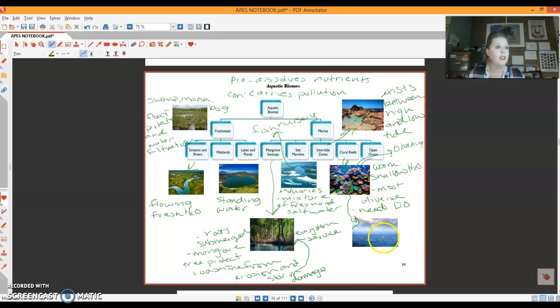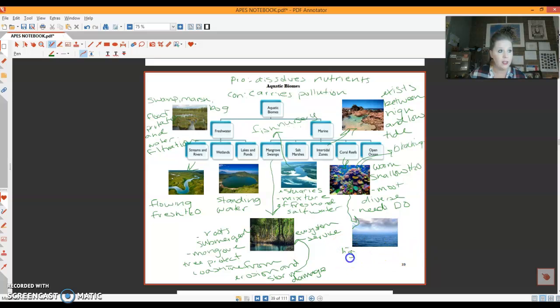All right, so we know that the ocean can be incredibly deep. We really don't know the deepest part of the ocean. We know that the Mariana Trench is the deepest trench, but we don't really know anything about it. So sunlight can only penetrate so far in the open ocean because you have algae, you have sediments in the water that are then going to start to block that sunlight.